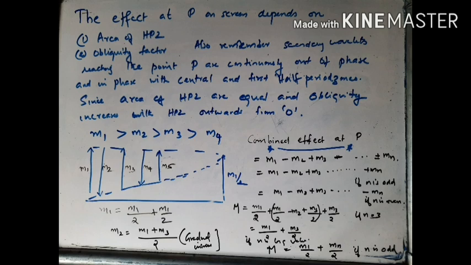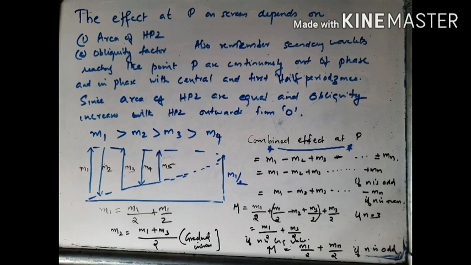So the total effect M is equal to M1, which can be split as M1 by 2 plus M1 by 2, minus M2, plus M3, also divided as M3 by 2 plus M3 by 2. The center terms, that is M1 by 2 minus M2 plus M3 by 2, cancel each other, since M2 is equal to M1 plus M3 divided by 2.